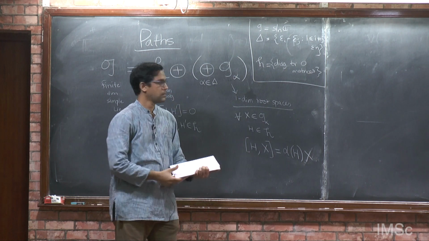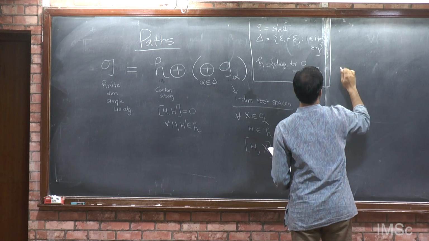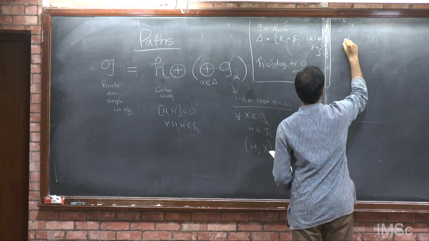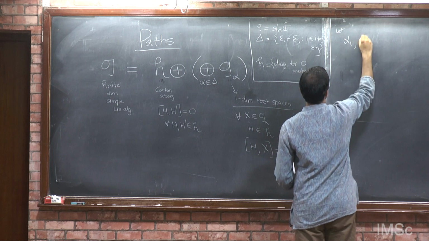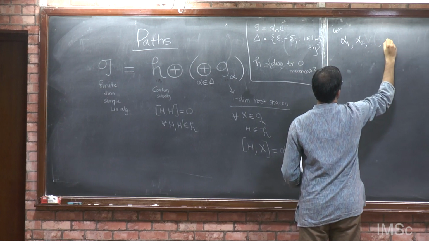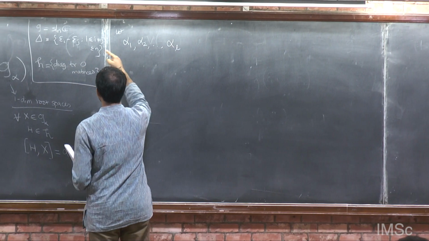Among the set of roots, we also mentioned the simple roots, and they are now important for us. Let's denote them alpha 1, alpha 2, and so on. In general, there will be some L of them; in this case, L is n minus 1.